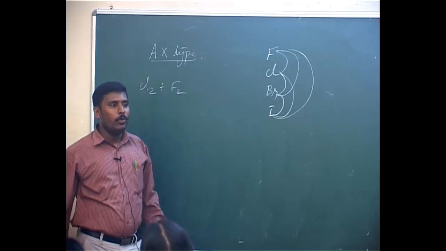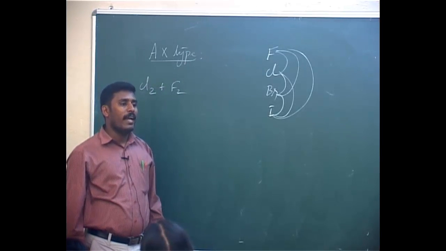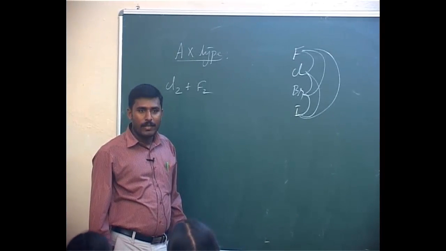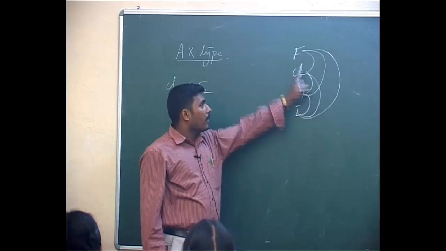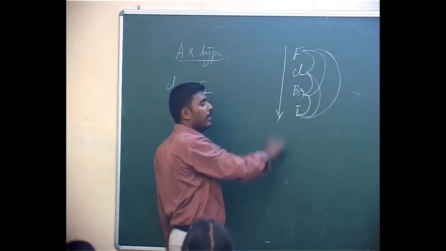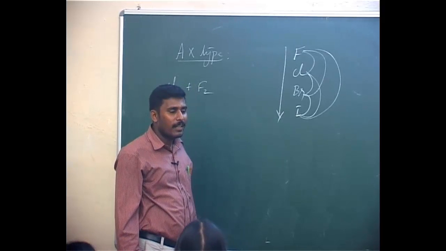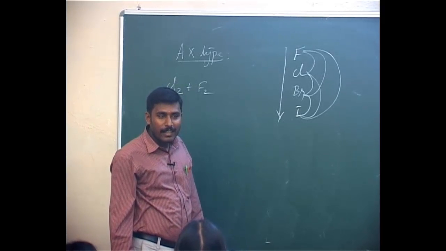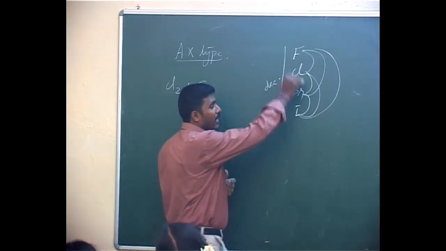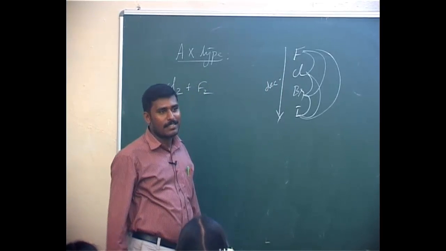Now as per the rule, first you have to consider electron affinity or electronegativity. In the halogen series, going down the group, electronegativity decreases.